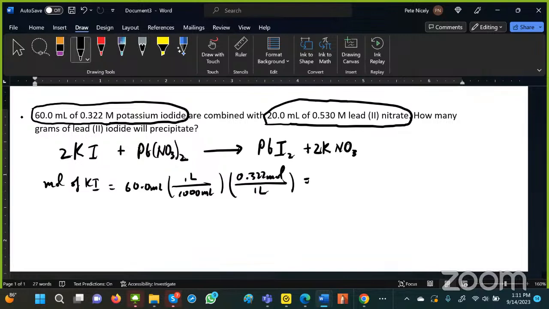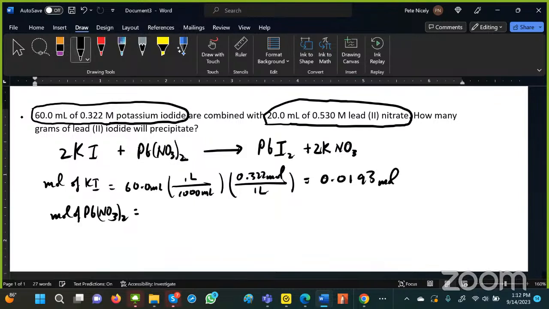According to my calculations, this works out to be 0.0193 moles.